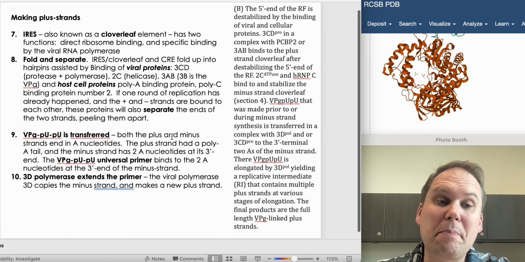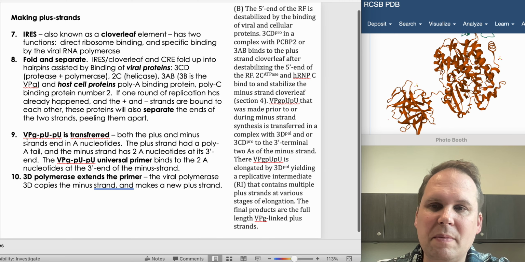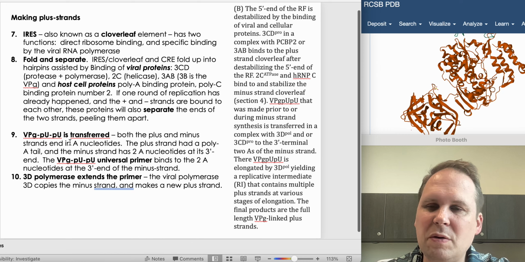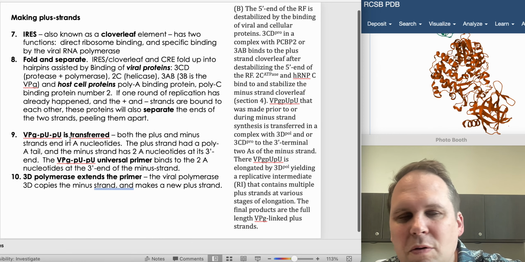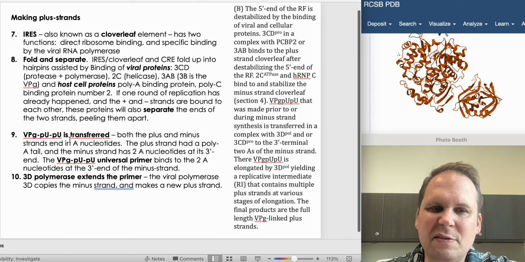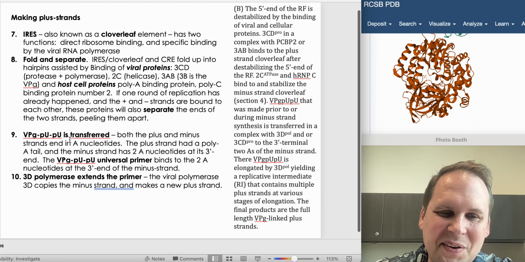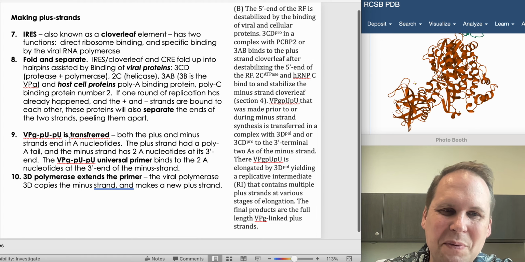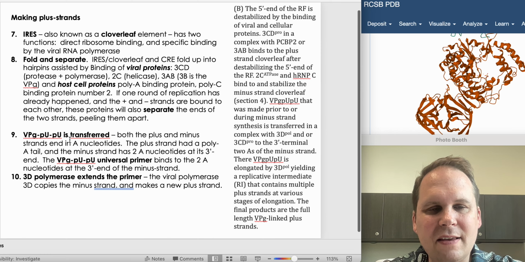So now that we've separated the strands, we're going to put that VPG with 2 U's on there. The P here, like VPG, PU, just means it's a phosphate linkage, like a normal linkage. Since we're dealing with proteins stuck to nucleotides, we need special language. Contrast that with coronavirus NSP9.